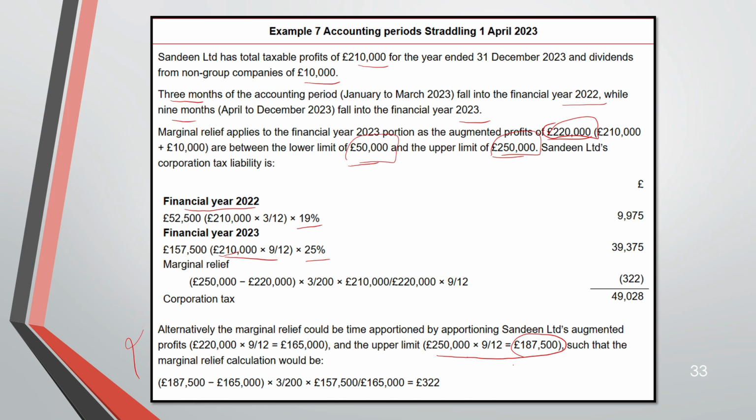So here the upper is 250 minus augmented into 3 divided by 200. TTP is 210 divided by augmented into 9 months because it's only for 9 months, and get the corporation tax. But this 322, there is an alternate method you can find out. Here we did not apportion the upper and the lower limit. It remained 50 and 250. That's how augmented profit 220 is between them. That's how you got the marginal relief.